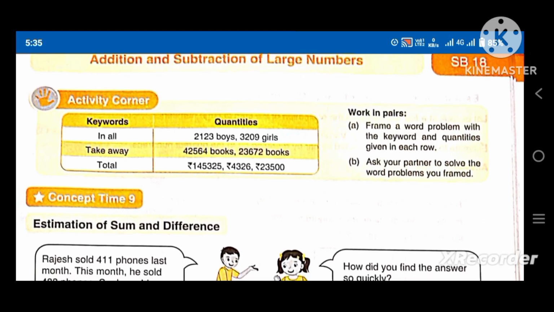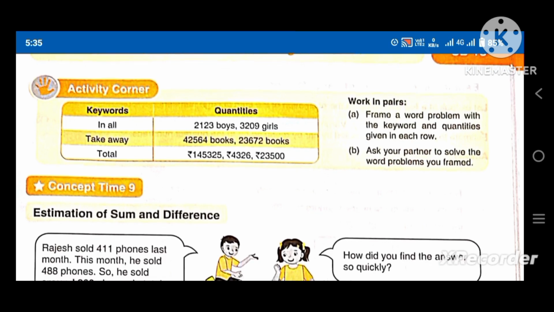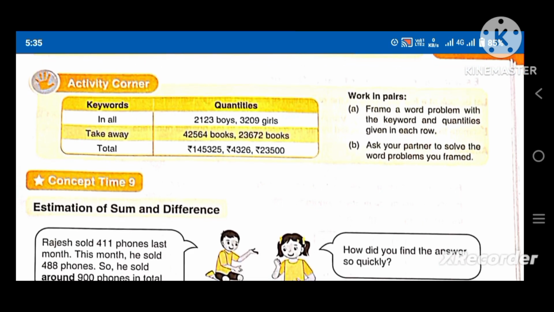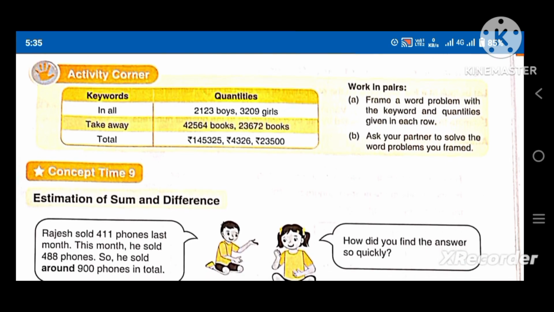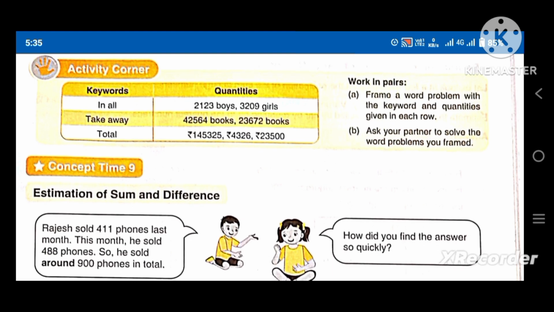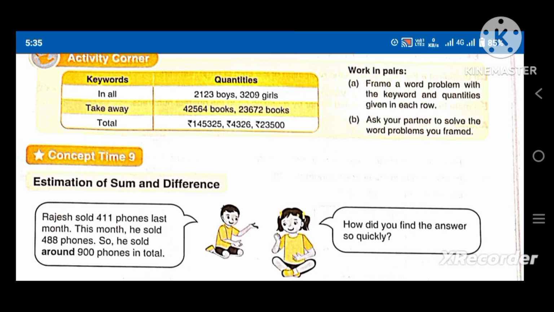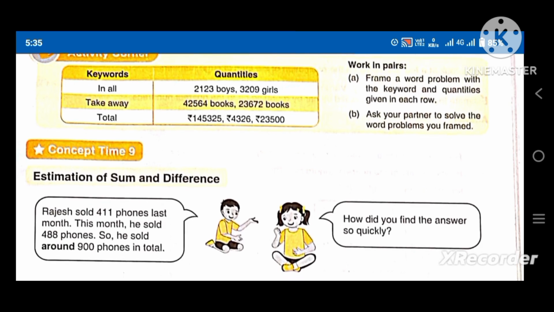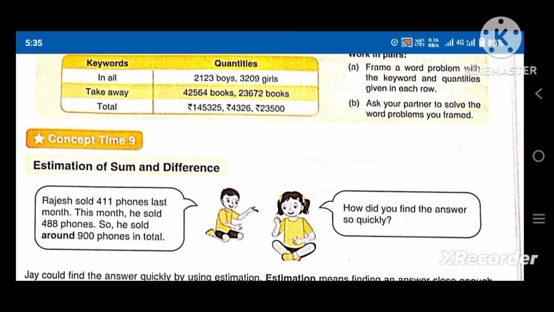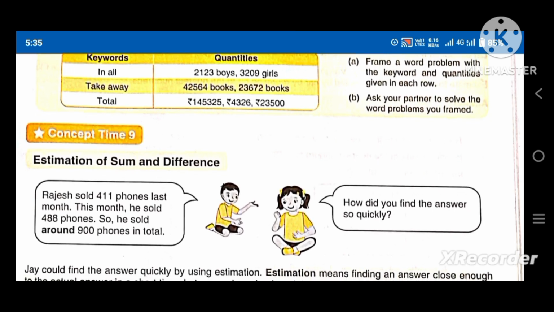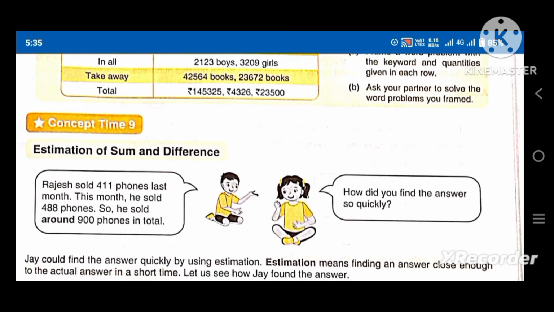Keywords and quantities: in all, 2,123 boys, 3,209 girls; take away; total, 42,564 books, 23,672 books; total, 1,45,325, 4,326, 23,500.